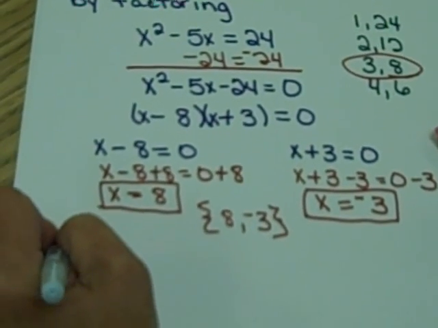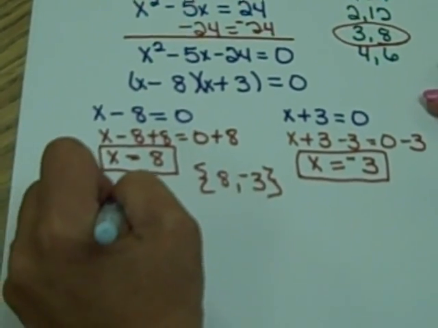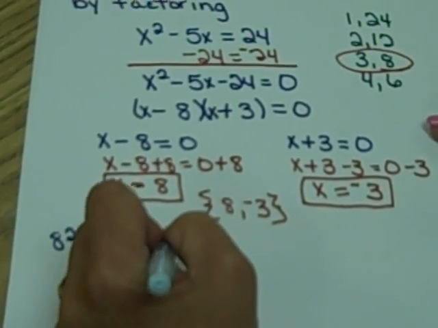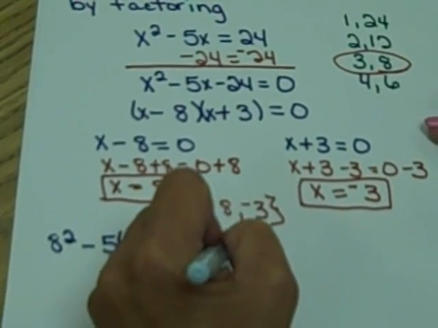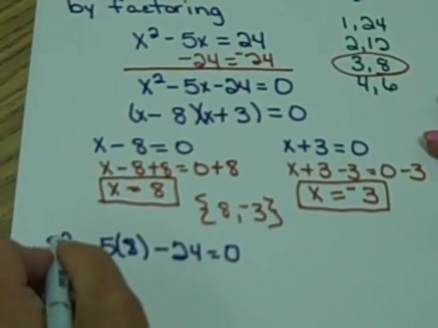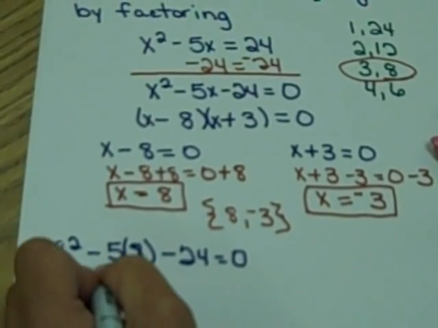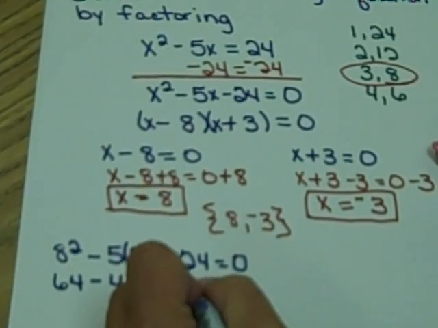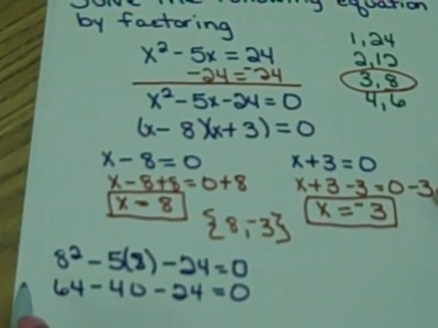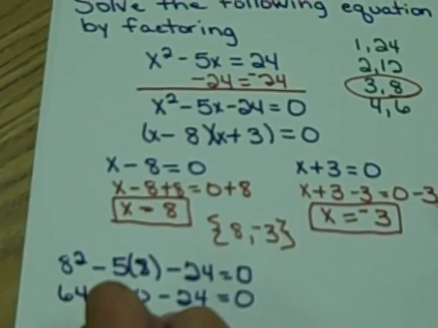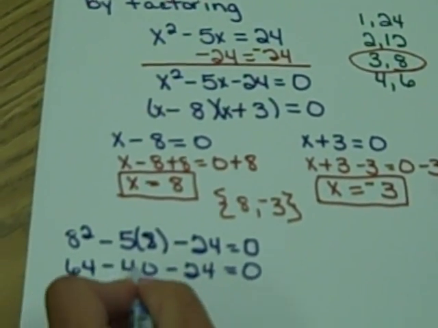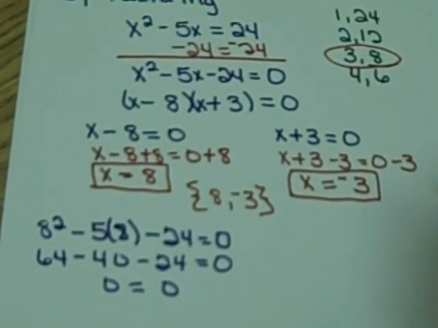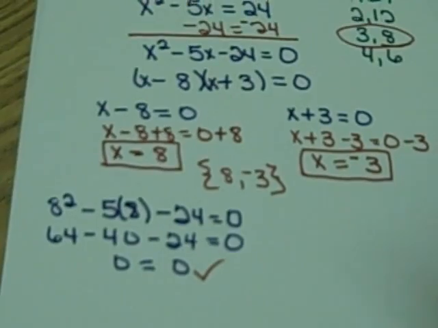So we're going to say x squared minus 5 times 8, that's 8 squared minus 5 times 8 minus 24 equals 0. 8 squared is 64 minus 40, 5 times 8, minus 24. And if you subtract all of this out, you will find that 64 minus 40 minus 24 equals 0, and 0 equals 0. So we do know that 8 is a solution.